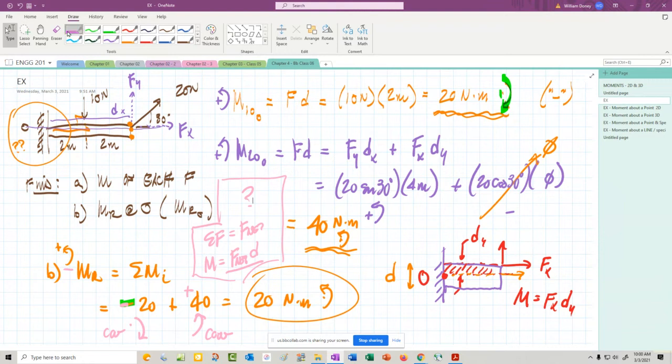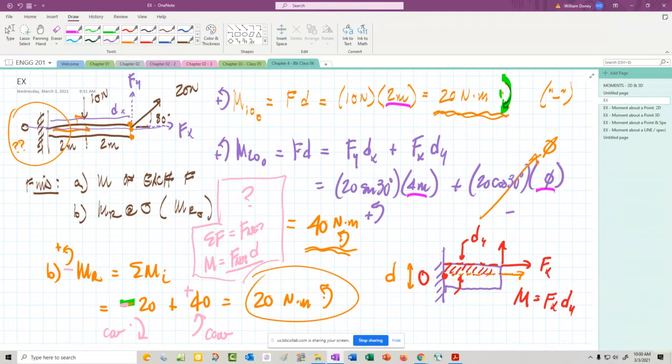Why can we not? Because these forces all have different distances. So adding up the forces will give us a resultant force, but it doesn't associate a distance with each individual one. I just can't add these up and get a 20, a 20 up or something like that, or a 10 up, and then multiply by some distance.